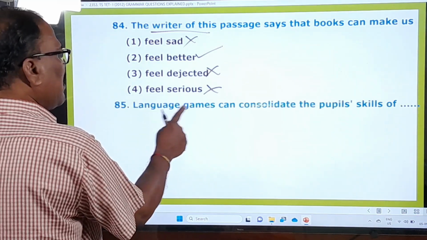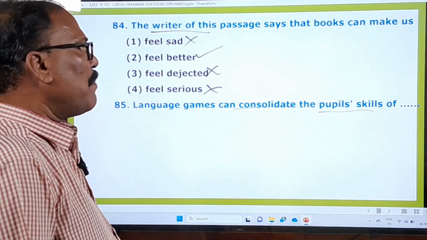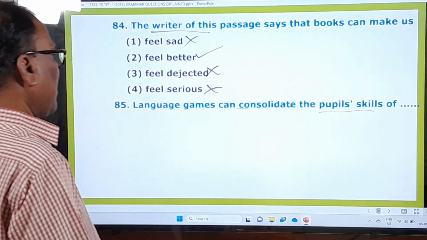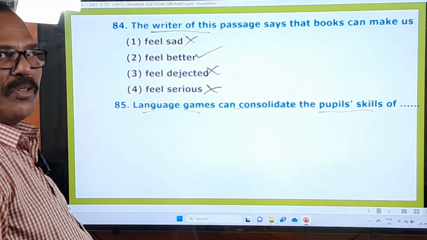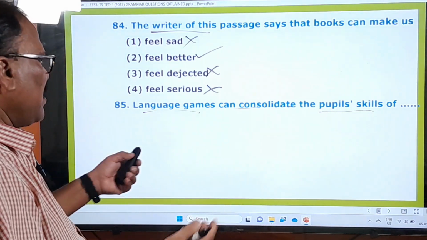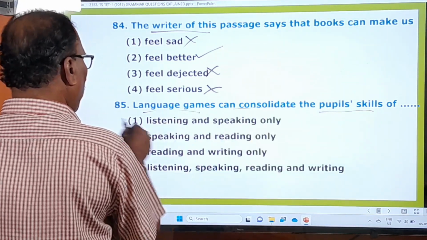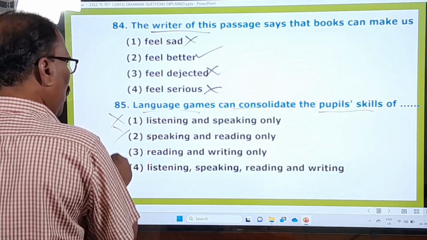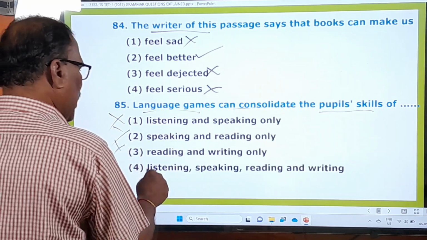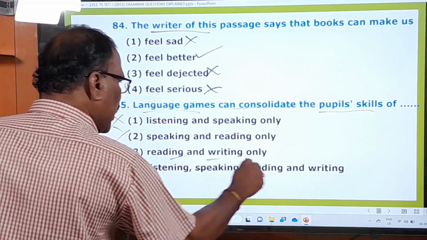What is that? Language games can consolidate students' skills of what? Spelling games, reading games, language games. They consolidate what? Listening and speaking only? No. Speaking and reading only? No. Reading and writing only? No. Listening, speaking, reading and writing. They consolidate these 4 skills.